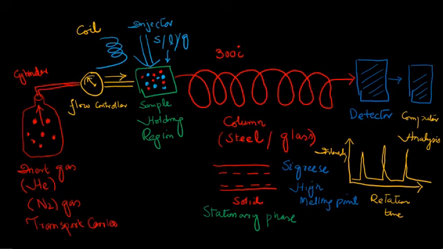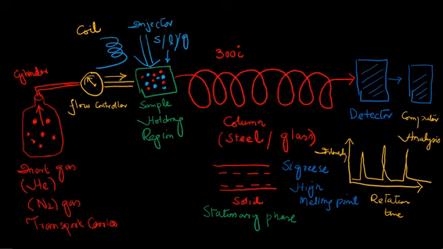The resistive coil will heat the sample and convert it into a gas, and then this gas sample is injected in a controlled fashion into the sample holding region.